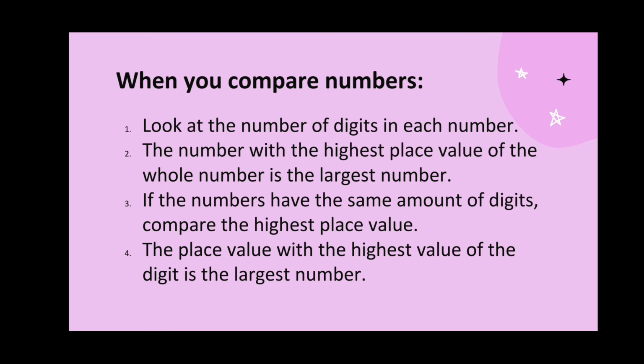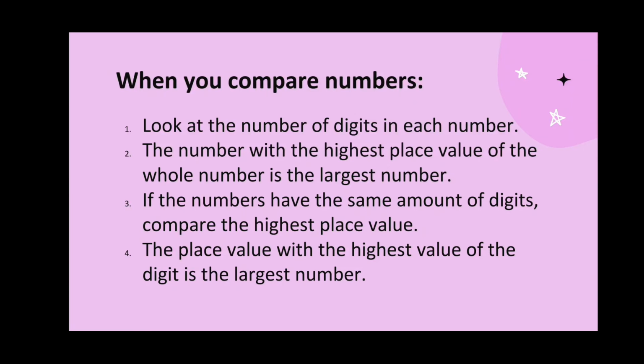So for example, lahat hundreds ang highest place value ng given numbers. I-compare naman natin alin doon ang pinakamalaki or pinakamataas na value ng digit, and that will be the largest number. Okay?